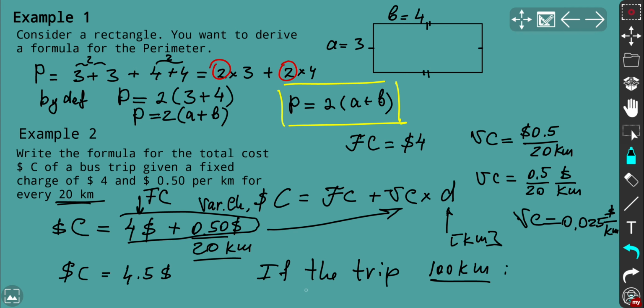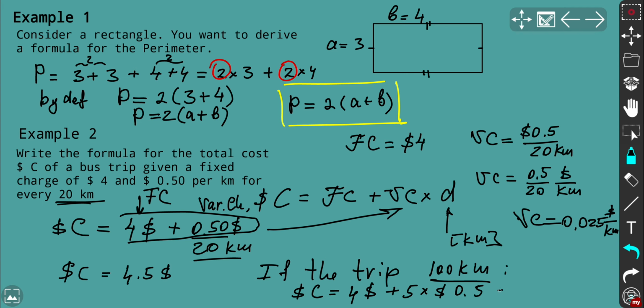So that means the general cost is going to be fixed cost $4 anyway, and you add 0.5 but 5 times, so you multiply by 5 because you have 100 kilometers instead of 20. Okay, $0.50 or $0.5.